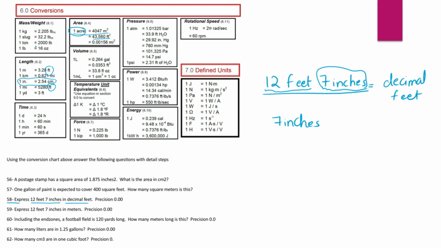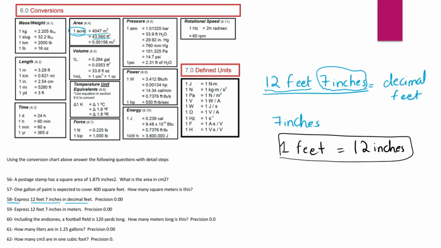But they didn't tell us about feet into inches. But I can tell you, this is very common, you can remember this: 1 foot equals 12 inches. Maybe you already know this. You can use this conversion.